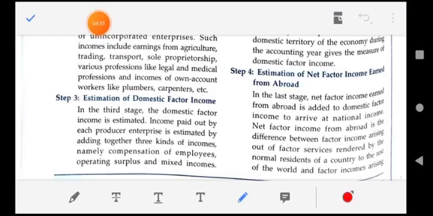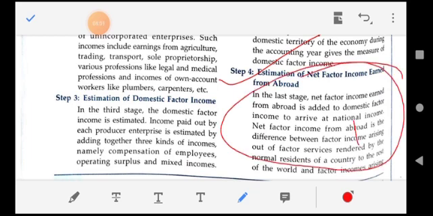Now, step 4, estimation of net factor income from abroad. In the last stage, net factor income earned from abroad is added to the domestic factor income to arrive at national income. So after estimating the income from the domestic territory, when net factor income is added to the domestic income, we get national income.